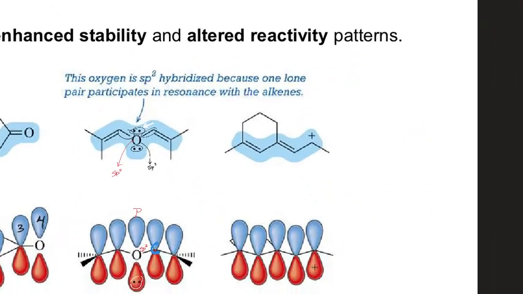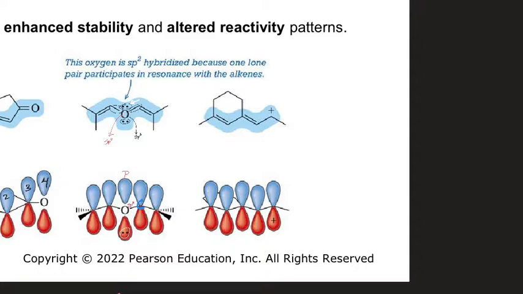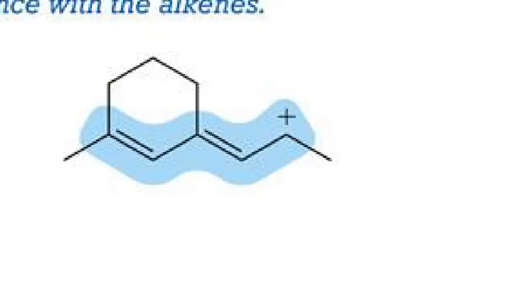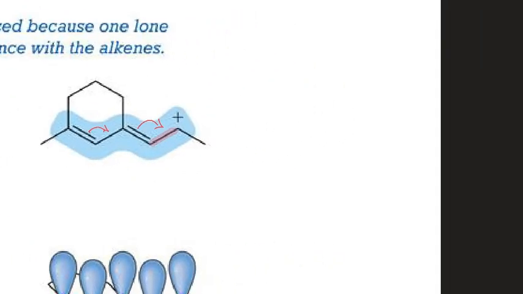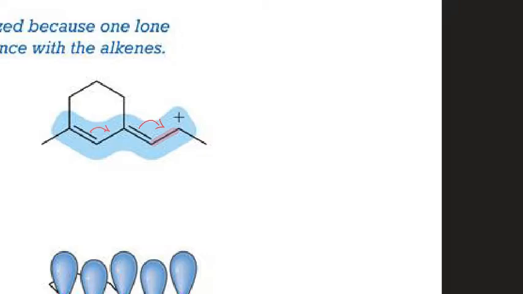Over here we have a molecule that has a carbocation that is separated from the double bond by a single bond. And it turns out that that is also a conjugated carbocation. We could draw a resonance form like this, where, actually, let me delete that off.